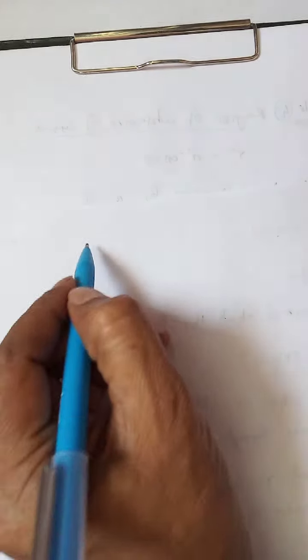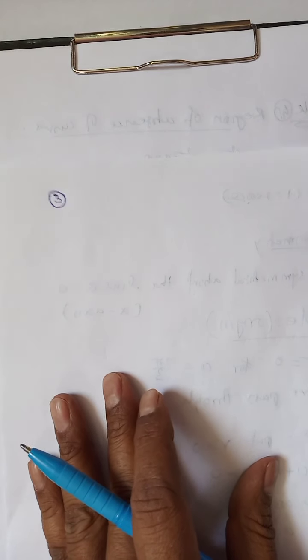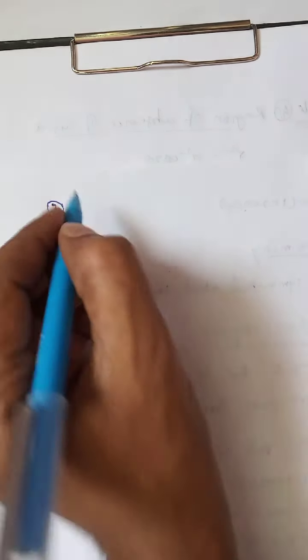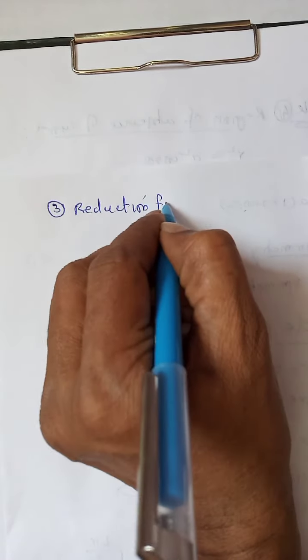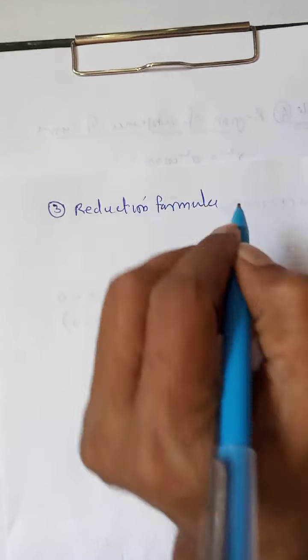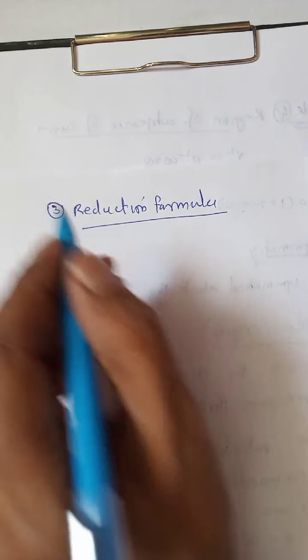Now, third, we'll find out the reduction formula. Reduction formula for gamma function. Okay.